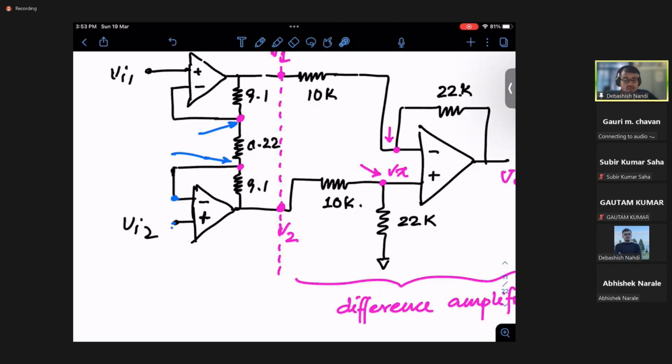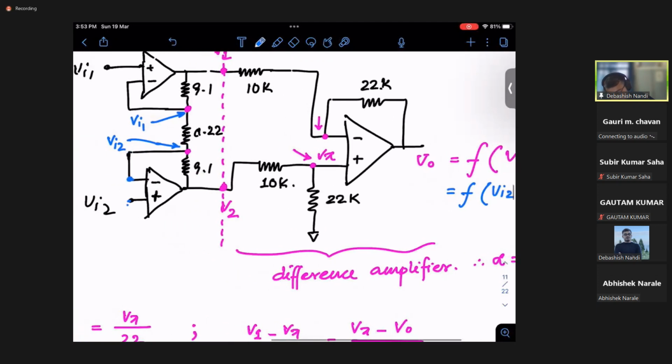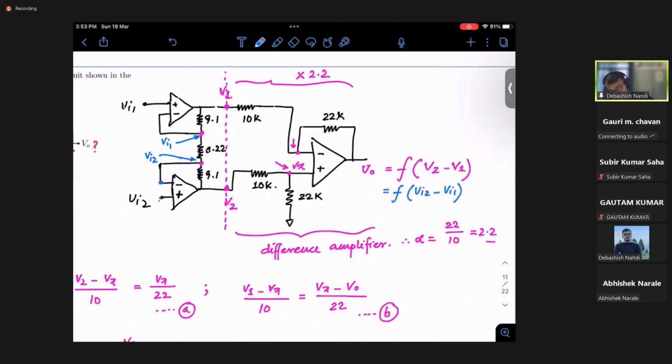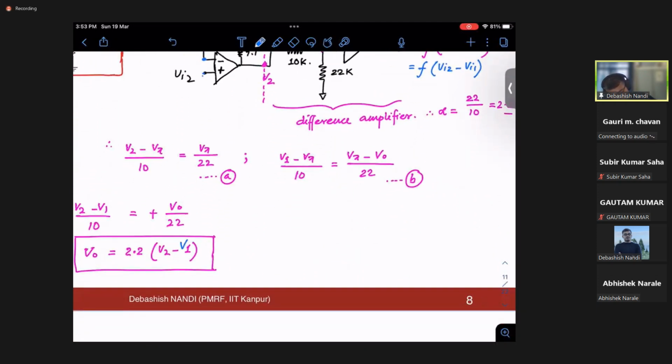So you have, this is Vi1, this is Vi2, right? Now I need to find out this as a function of Vi2 minus Vi1 or vice versa. So I need to find out now V2 minus V1 in terms of Vi2 minus Vi1, right?